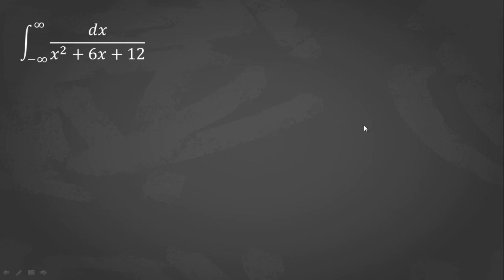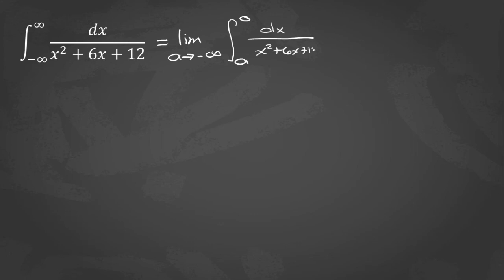Moving to our last example, feel free to pause this video and answer it on your own. So we have here the limit as a approaches negative infinity, evaluated from a to 0, of dx over x squared plus 6x plus 12.